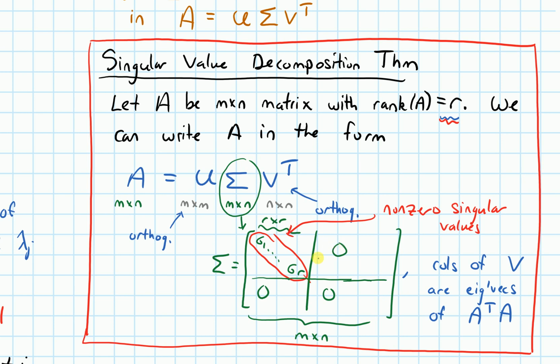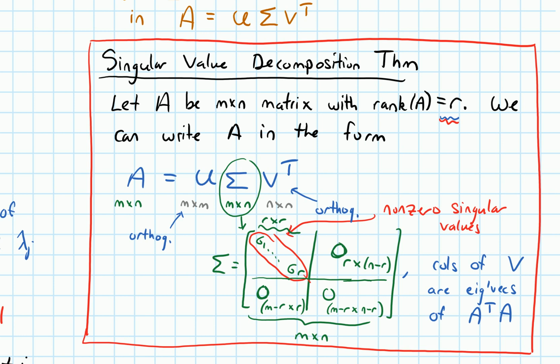So let's write down the dimensions of each of these sub-matrices. For the 0 to the right of that diagonal portion, it's going to have r rows, but n minus r columns. The 0 in the bottom left corner will have m minus r rows and r columns. And finally, the bottom right corner will have m minus r rows and n minus r columns.